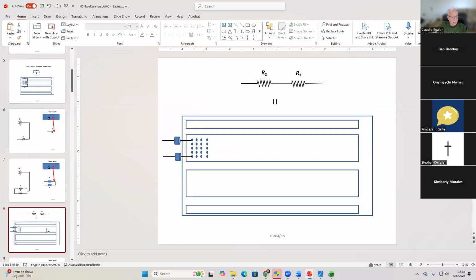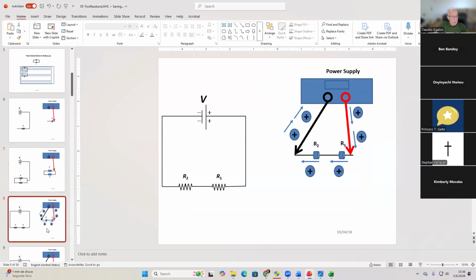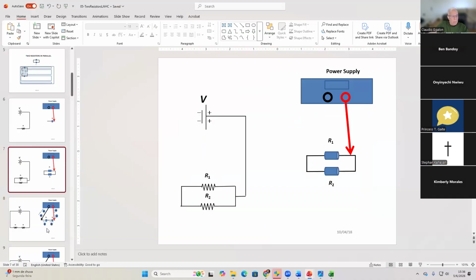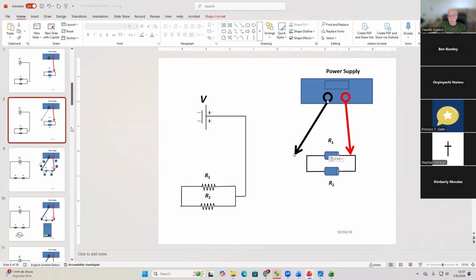We don't need this one anymore. And now we're going to get the black cable and close my circuit right here.